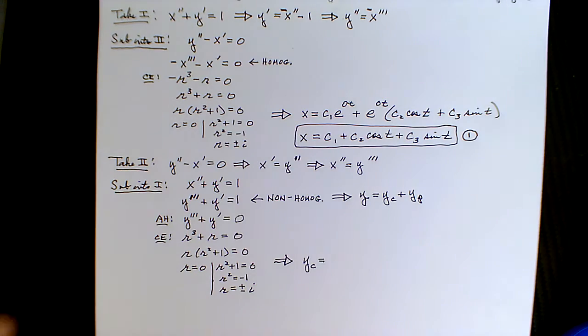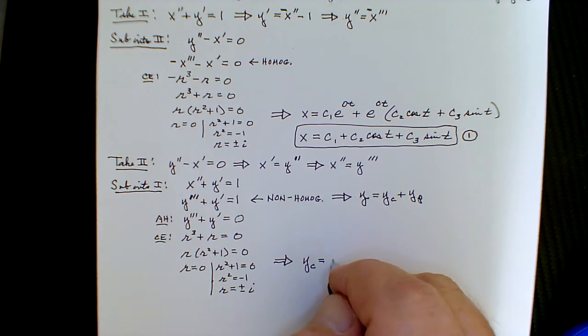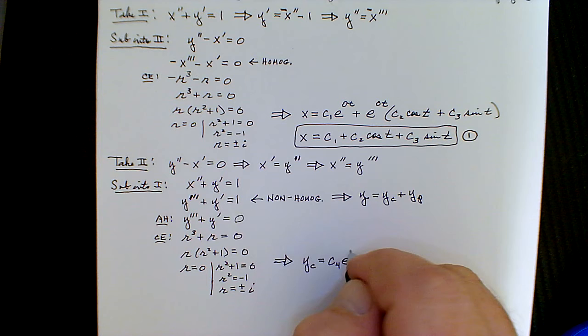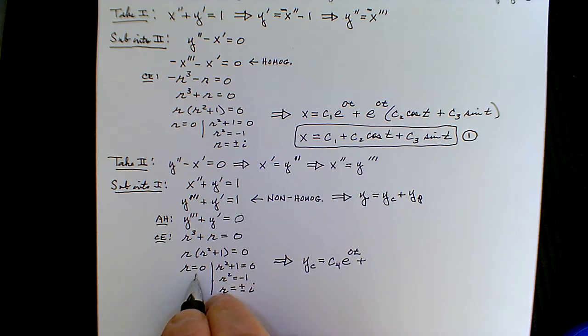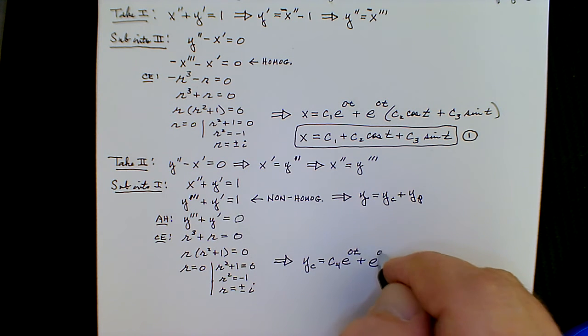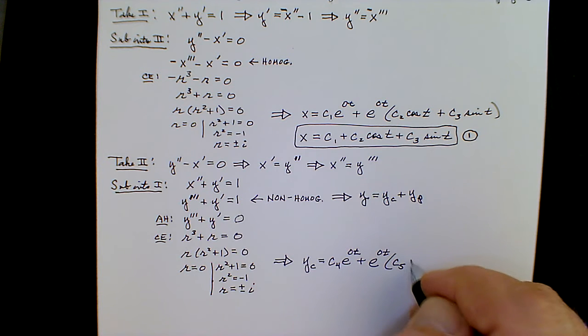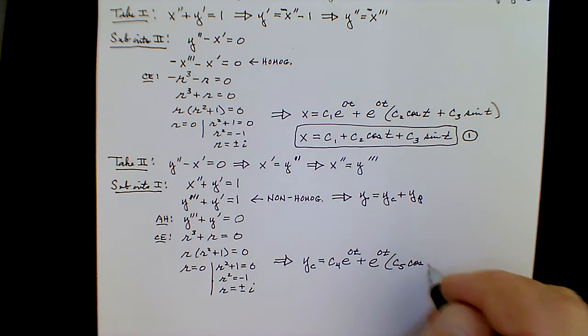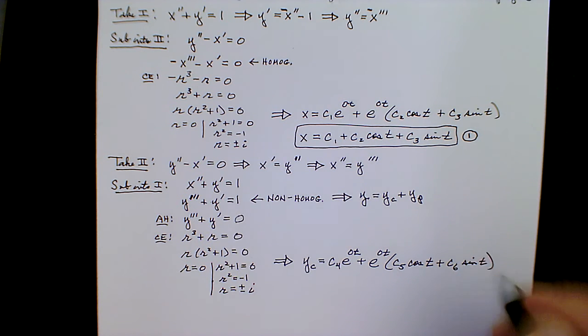And that would be, now since we left off with C3 up here, let's start with C4. So C4, I'll be explicit again, e to the 0t, and that's coming from the r equaling 0 root. And then plus complex conjugate pairs again, e to the at, a is 0, so e to the 0t, and then times, looks like C5, cosine bt, b is 1 again, so cosine t, plus C6 sine of t.